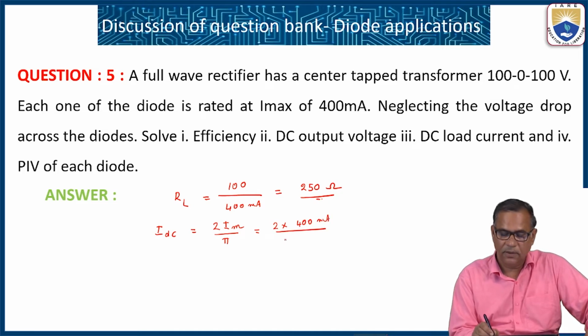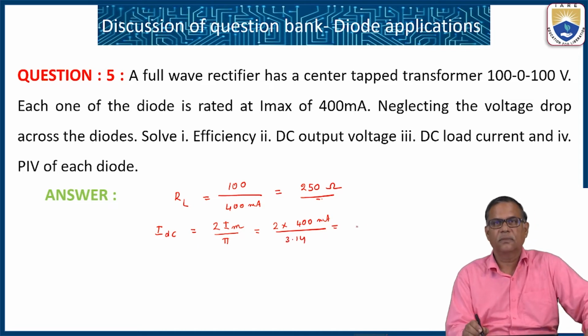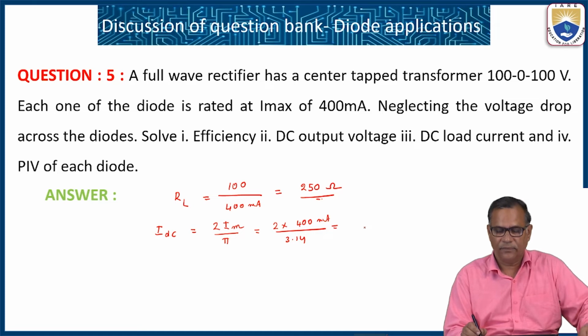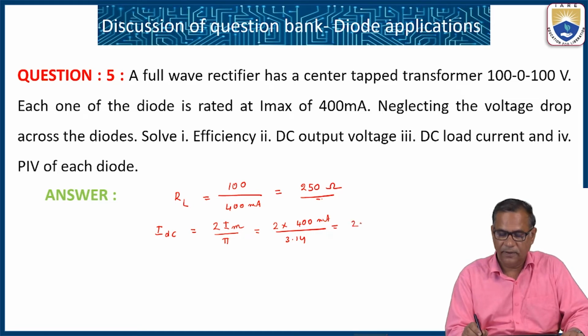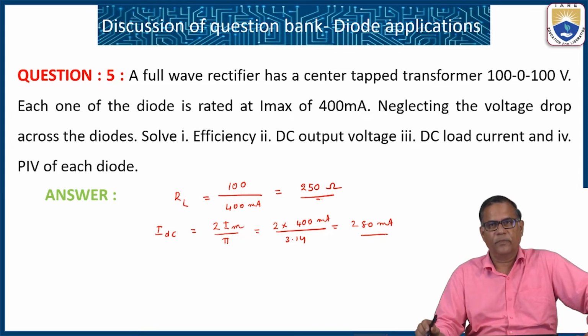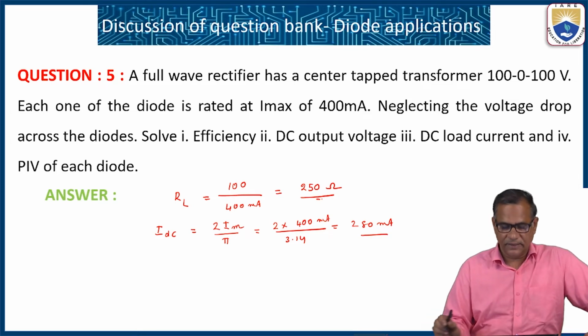Pi is 3.14. So this gives us the IDC as 280 milliamperes.